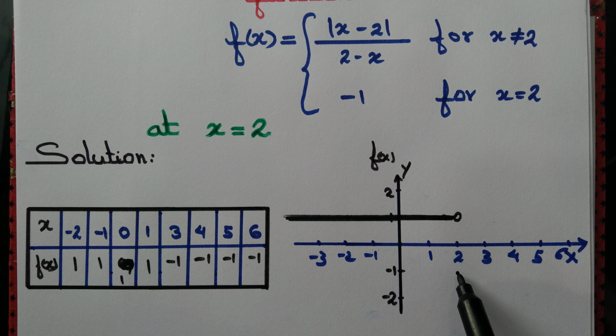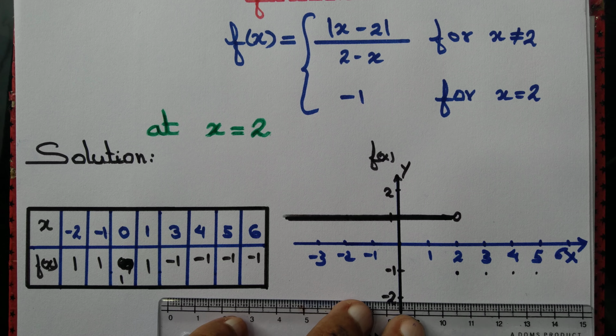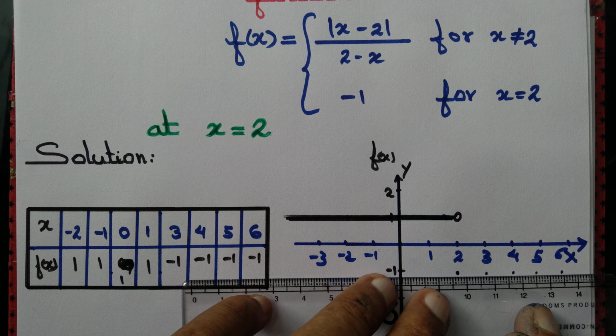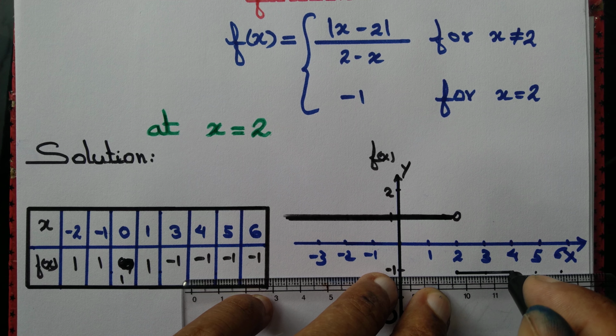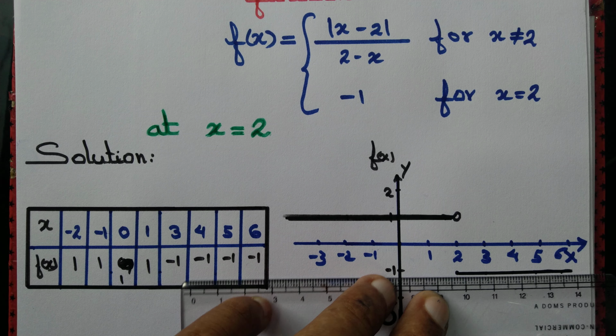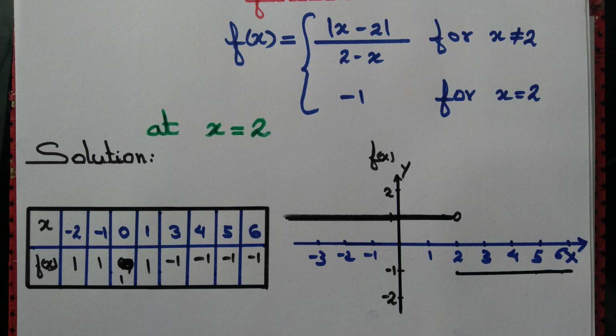So for x equal to 2, −1; for x equal to 3, −1; 4, −1; 5, −1; 6, −1. So we join those points and again we get a straight line.